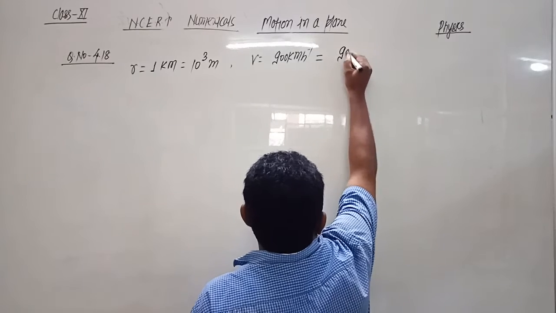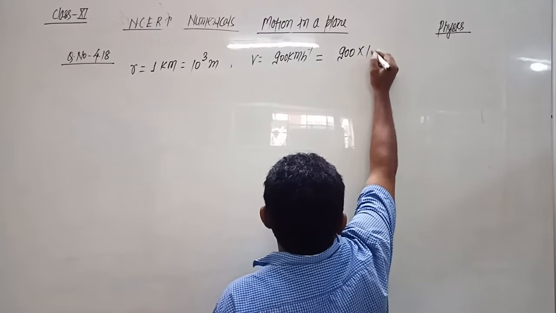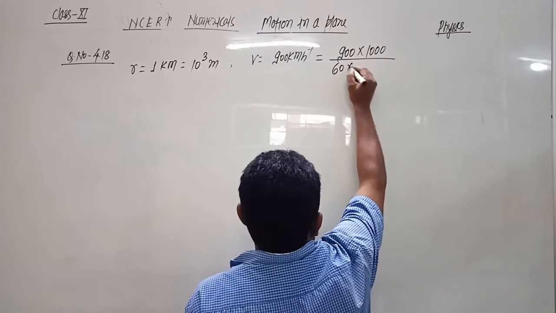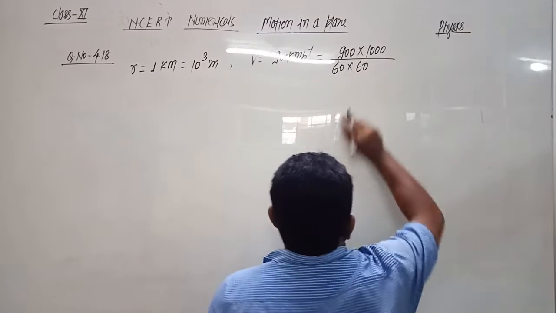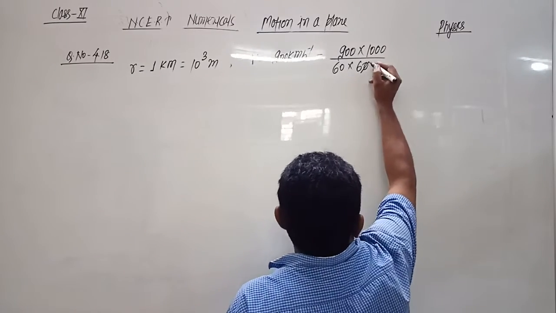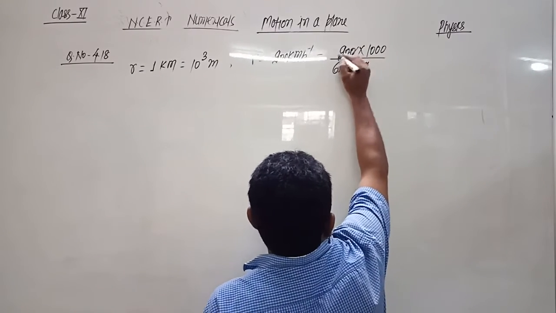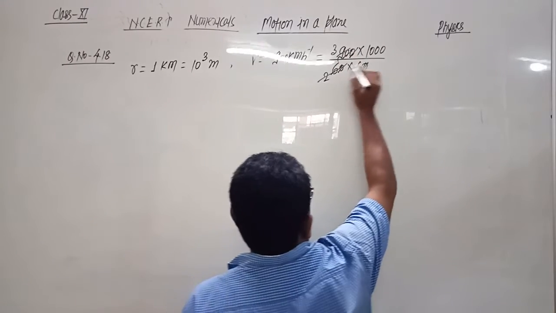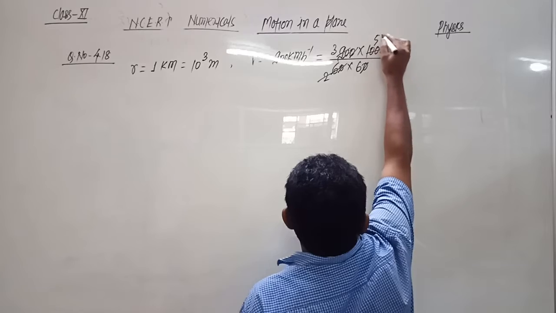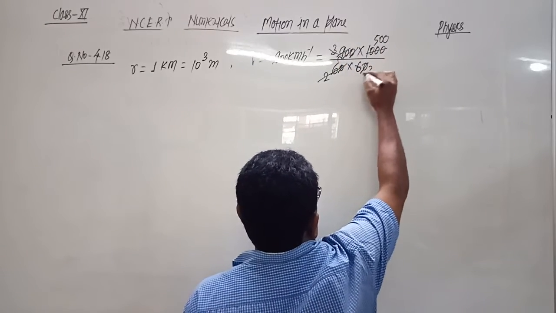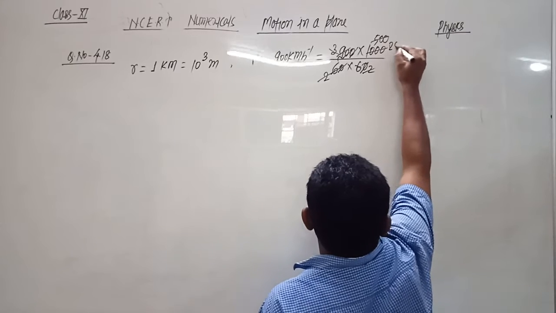So 900 into 1000 divided by 60 into 60, to convert into meter per second. The zeros get cancelled. 3 3s are 9, 2 3s are 6, and 3 2s are 6, and we get 250.